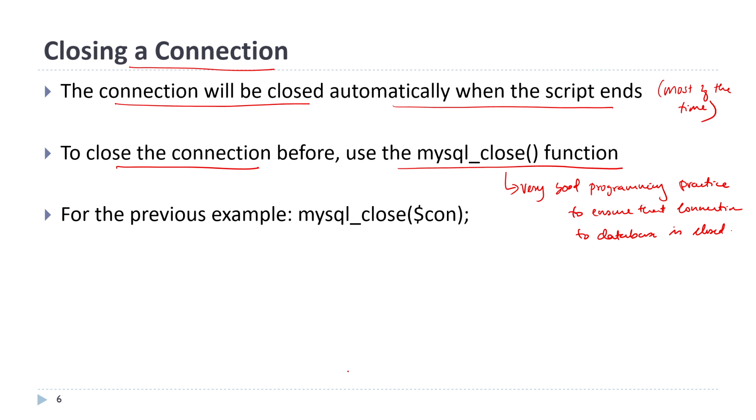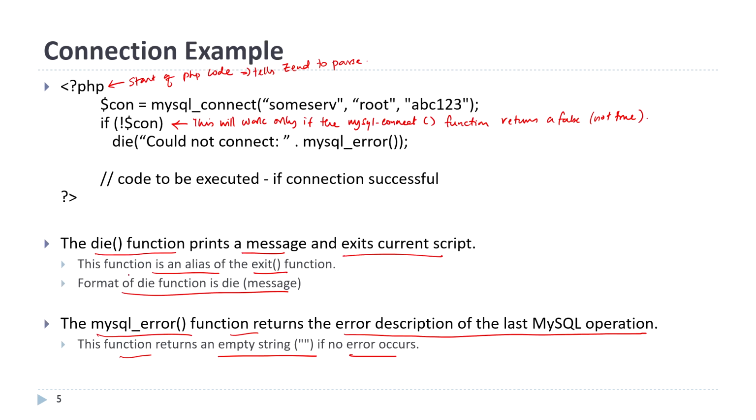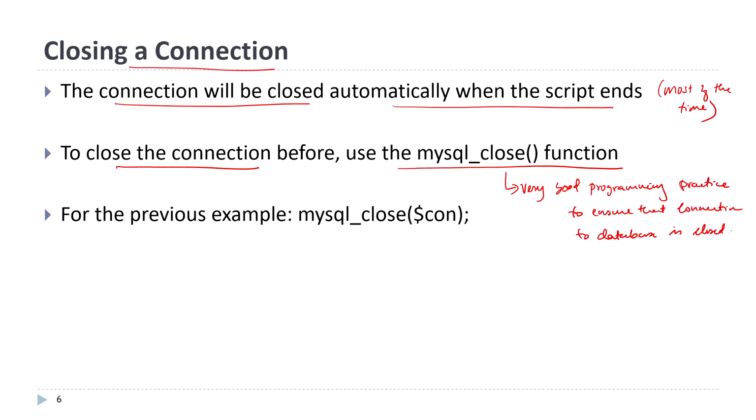Okay. So, if you use $connection as the variable, then the example is MySQL close $connection, which means close the connection. It will make sure that all connections with the database server are cut, and it will free up the resource.